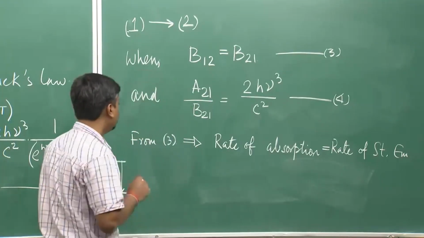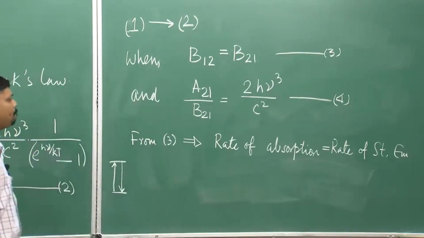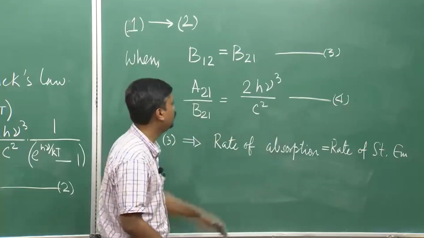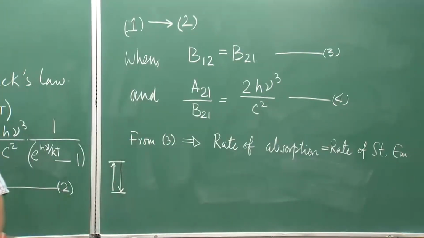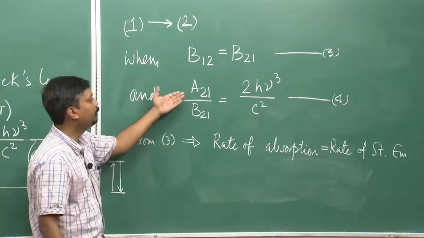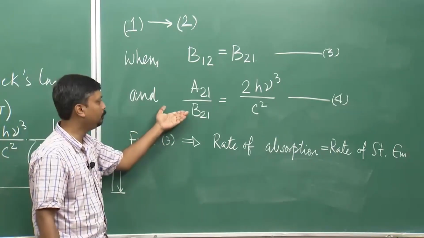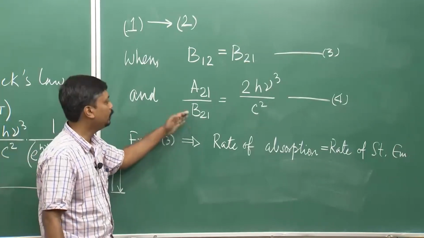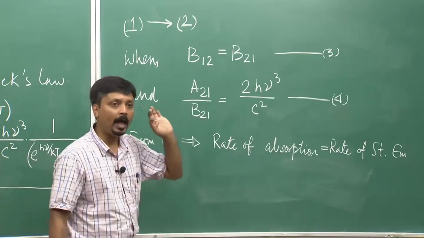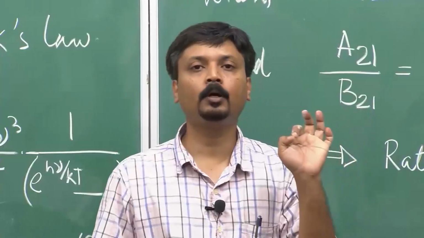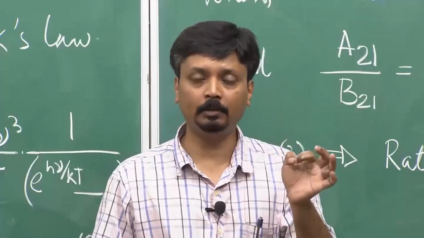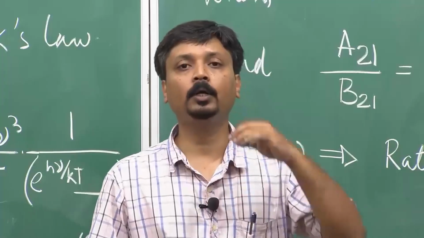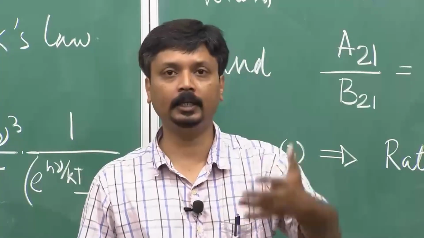Now, if we look at this equation 4, what does it tell me? A21 is the rate of spontaneous emission, B21 is the rate of stimulated emission. I want my system to give more stimulated emission and minimize the spontaneous emission, because I want to utilize the stimulated radiation.